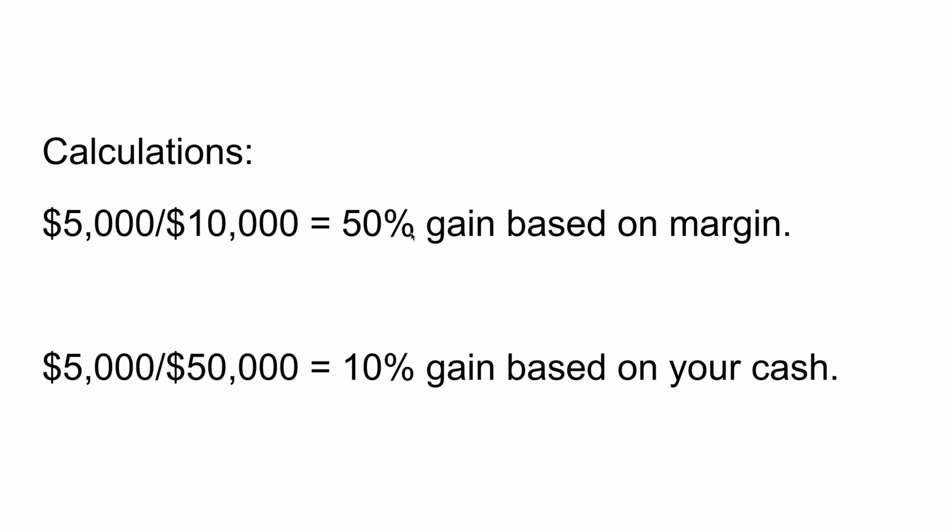And that's a 50% gain, based on the amount that you've put in. Now, if you didn't use margin, and you had the full 50,000 and you've made the 5,000, you'd only make 10%, based on the amount of cash that you've put in, right?